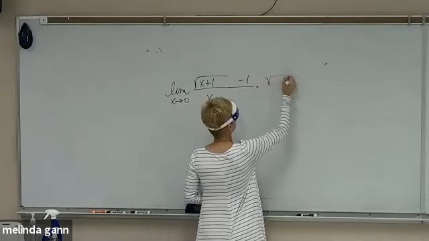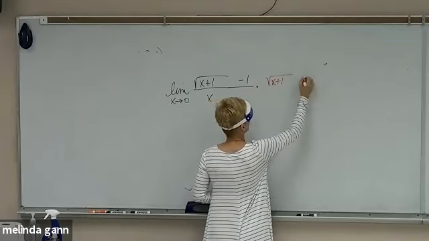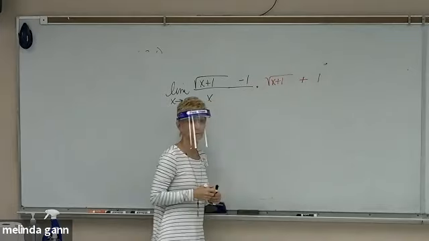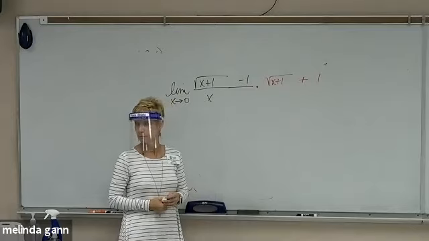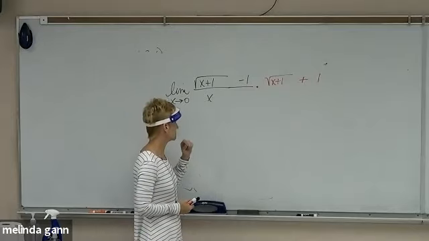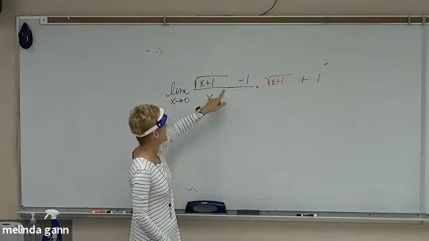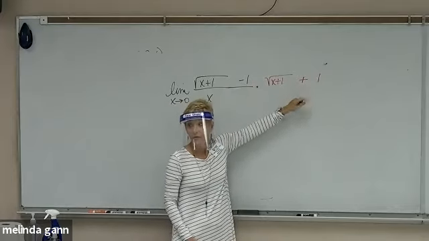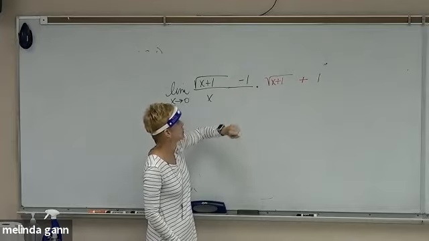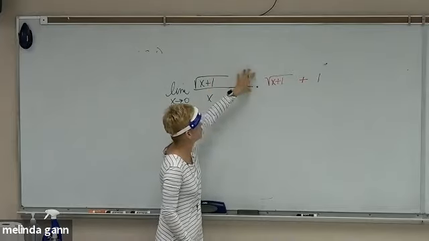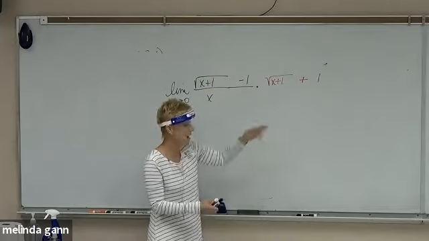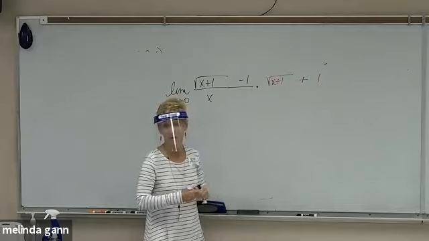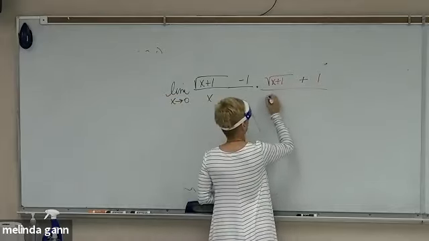So it's going to be the square root of x plus 1 plus 1. All right. If this were a minus, what would that one be? A plus. It wouldn't matter whether there were 2 roots or the number was here and the root was there. But now if I multiply the top by that, what have I got to do? I got to multiply the bottom by that.